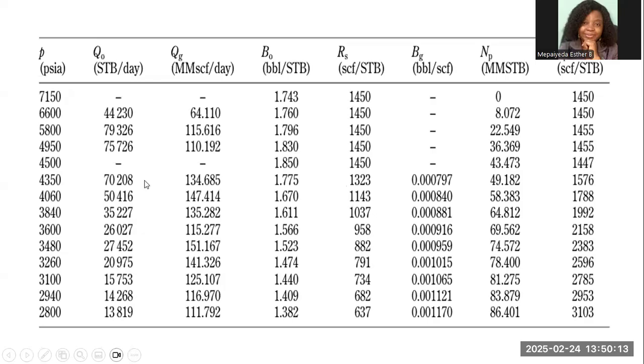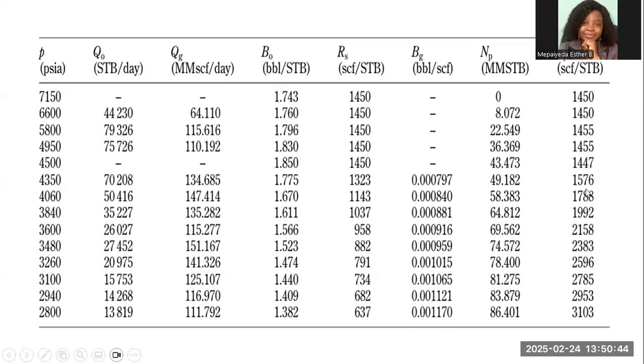But in the saturated state, RP is not equal to RS and is not equal to RSI, okay? From here, saturated state, I beg your pardon, 4350, 4060. If you trace your RS, here you have 1323, your RP is 1576, and your RSI is 1450.